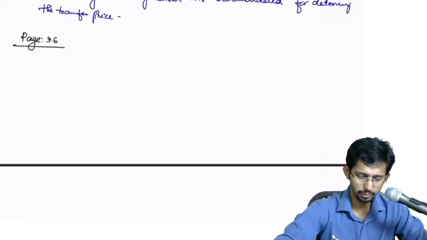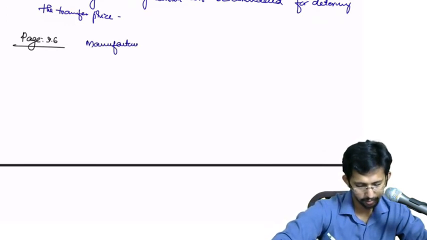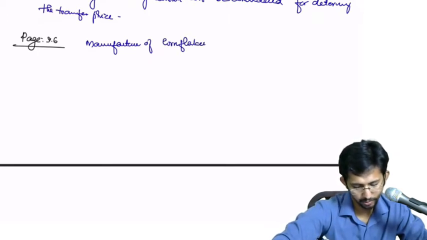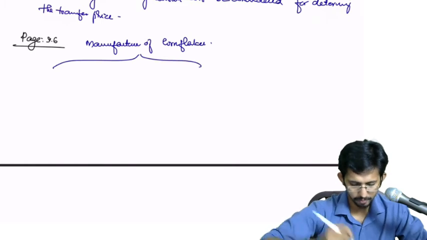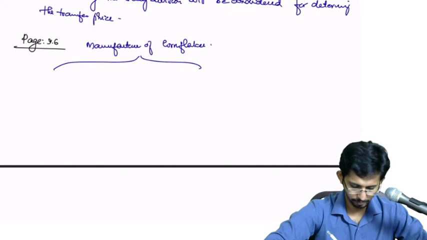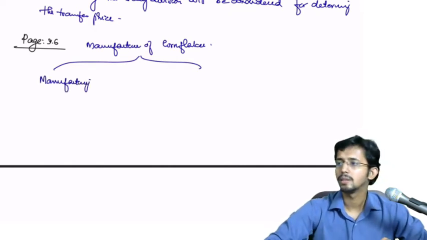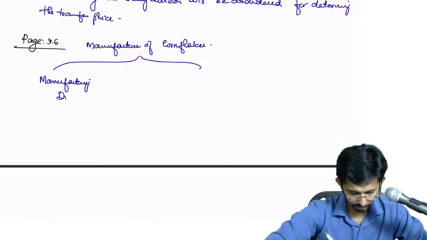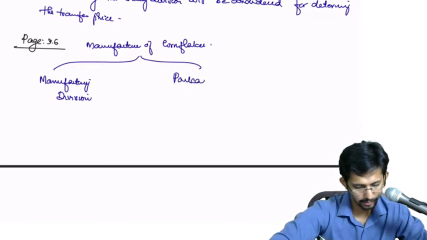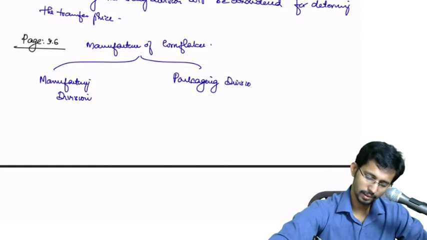So here you have two divisions. Who is a manufacturer of cornflakes? One is the manufacturing division, and next is the packaging division.